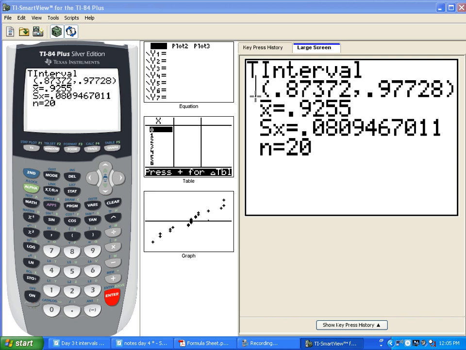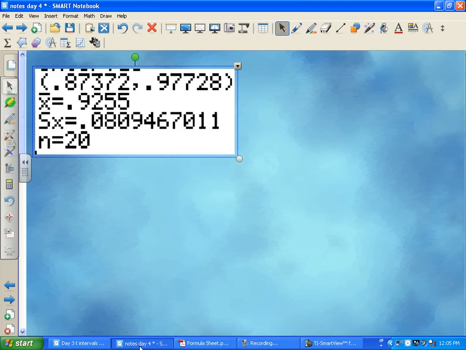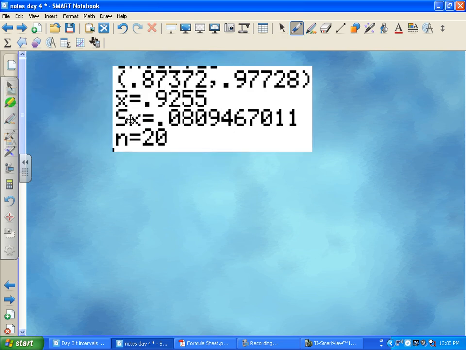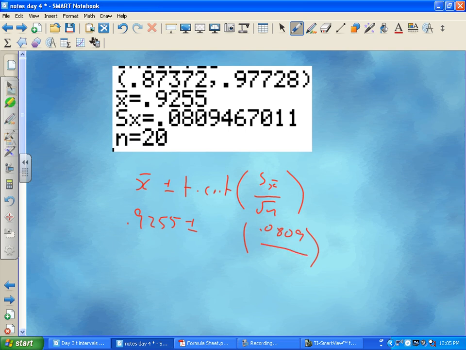To show your work for this, here's what you need, besides what I already wrote down. At this point, the dry formula, and then this plugged in, so 0.9255 plus or minus the t-crit, which I have to come back and get. That standard deviation is 0.0809, and the square root of n is 20.